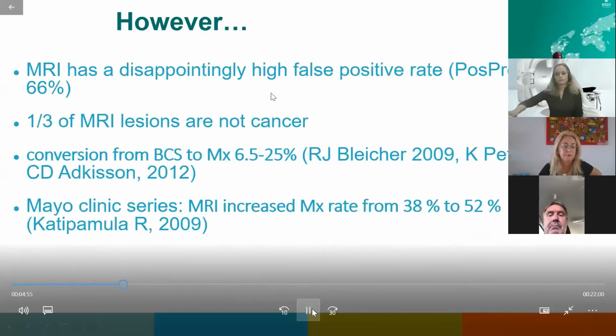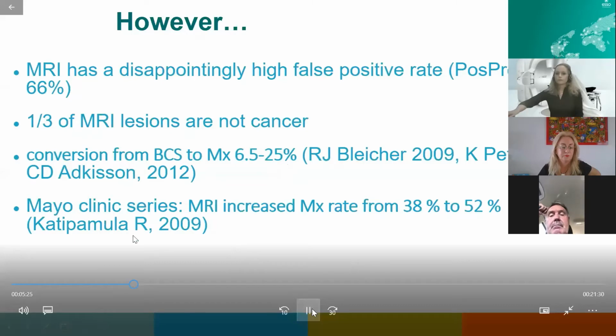However, it is also true that the MR scan has a disappointingly high false positive rate. One third of MRI lesions are not cancers. So those lesions detected on the MR scan, if biopsied, will not prove to be cancers. Using MR can also lead to conversion from breast conservation to mastectomy in quite a high number of cases, up to 25%.